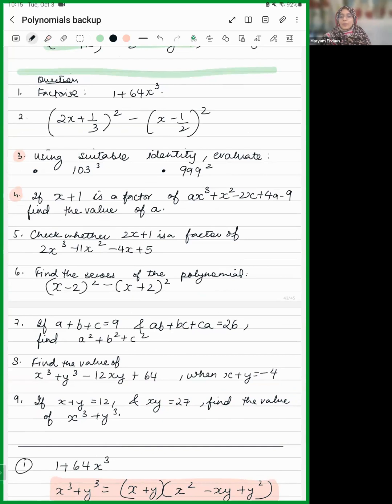Okay, who will tell me how will it be done? How can we solve the fifth one? Check whether this is a factor of this. How can we go about solving that? Okay, remember the factor theorem? Flip through your notes and see the factor theorem. How did we use to check if something is a factor of something?